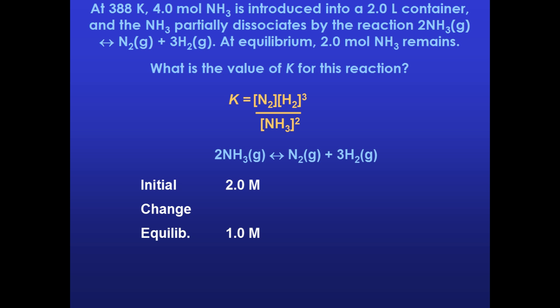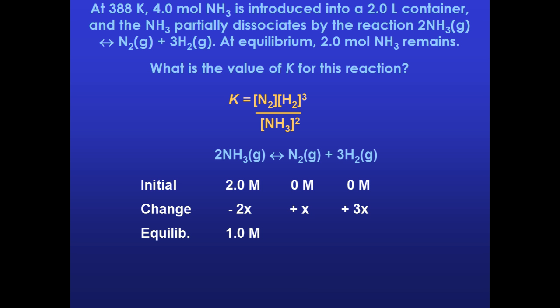We do not have any nitrogen or hydrogen to begin with, so that tells us our reaction is going to have to shift towards our products, which means our reactants are going to decrease while our products are going to increase. Ammonia is going to decrease by 2x because of the 2 ammonias in the balanced equation, while nitrogen will increase by just x, and hydrogen by 3x.